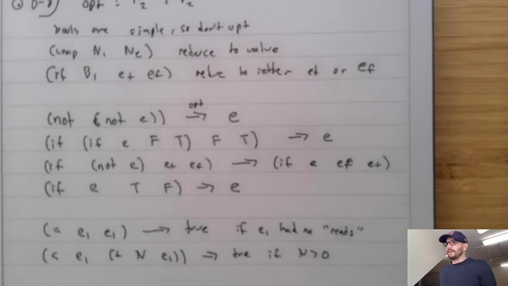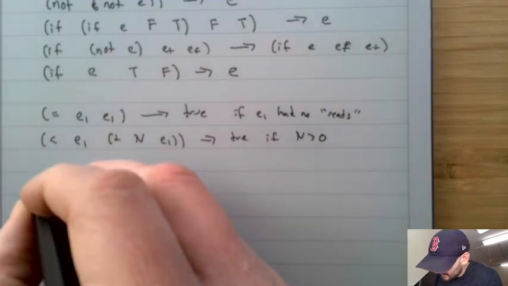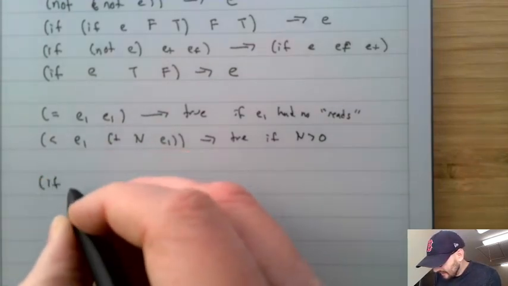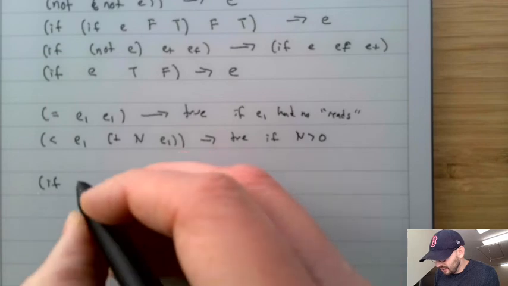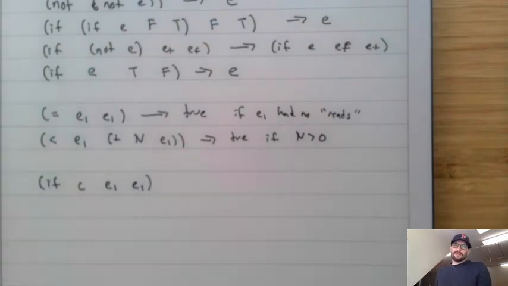Let me mention one more that we might want to do. Imagine that we have an if statement and there's some condition and then some expression that appears on both branches, like the sides are identical.